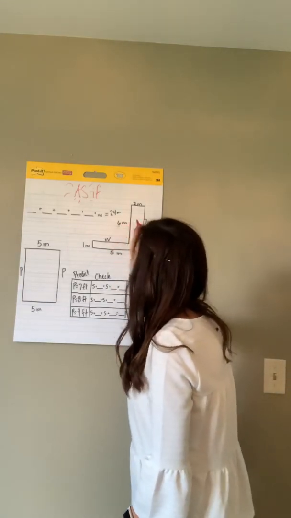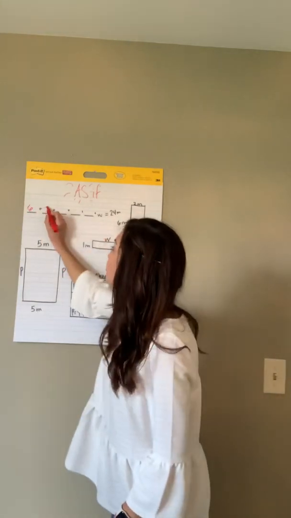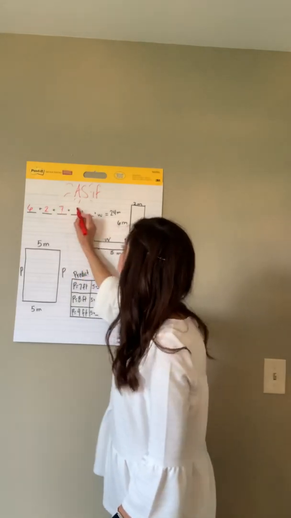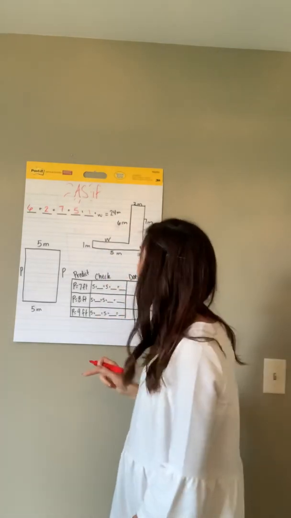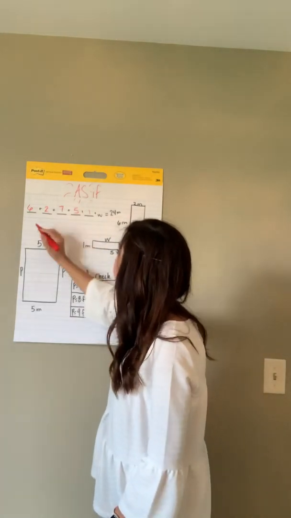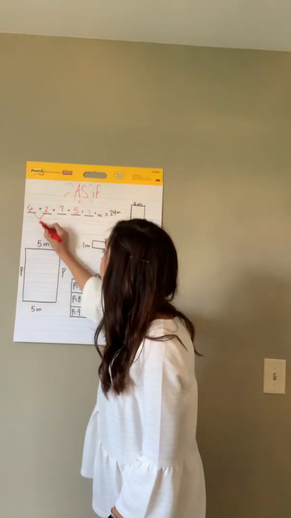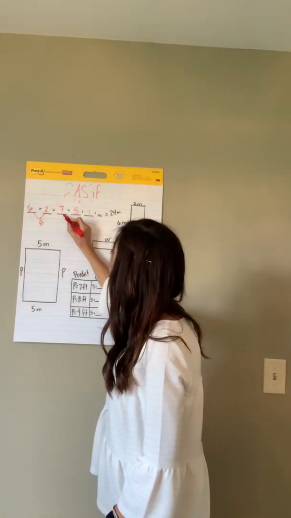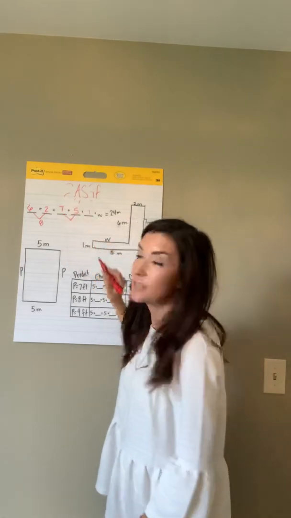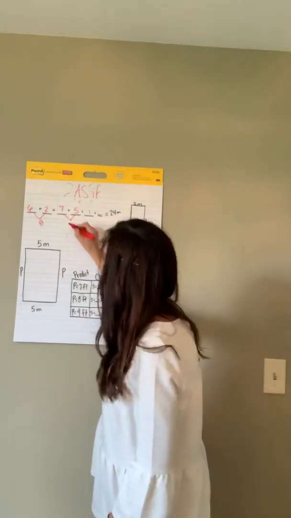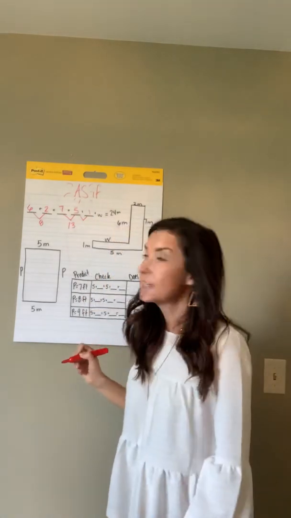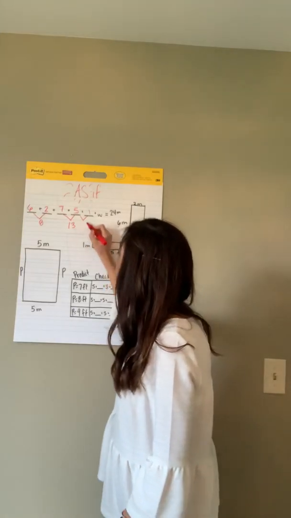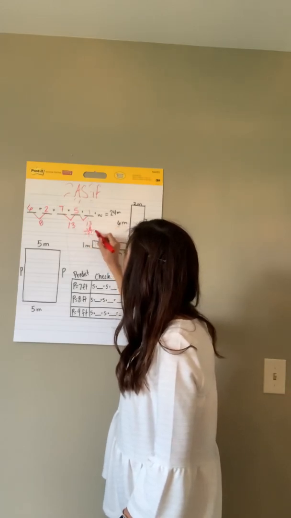We're going to start here. 6 plus 2 plus 7 plus 5 plus 1 plus W equals 24 meters. So 6 plus 2 is 8. 7 plus 5 is 12, plus 1 is 13. 13 plus 8 is 21.